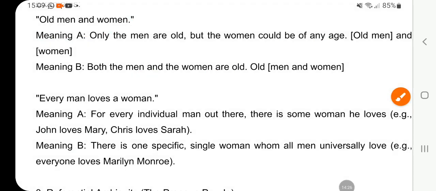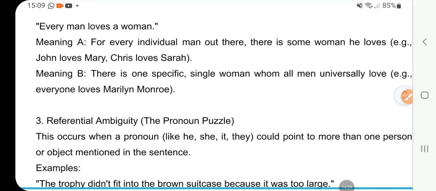Now next is, every man loves a woman. Every man loves a woman. Woman is singular, right? For every individual man out there, there is some woman he loves, right? Example, John loves Mary, Chris loves Sarah. So every individual man out there.